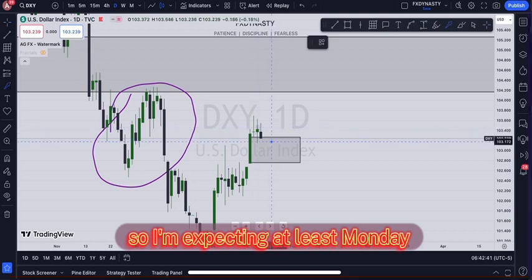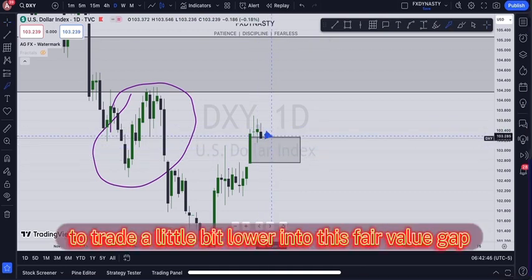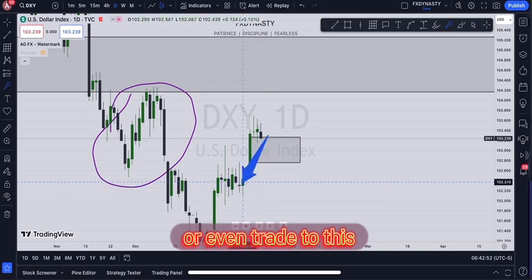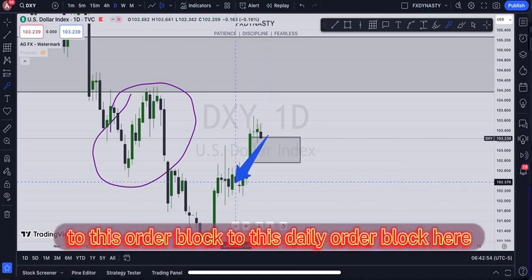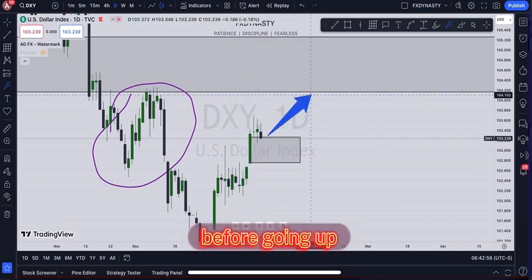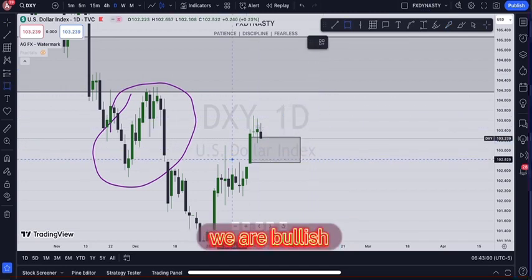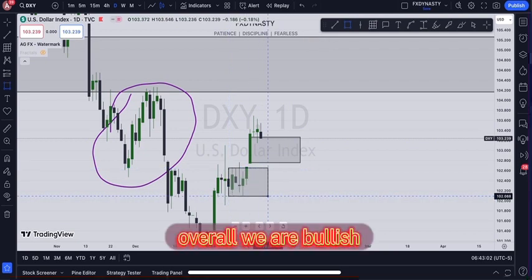So I'm expecting at least Monday to trade a little bit lower into this fair value gap, or even trade to this daily order block here before going up. But overall, we are bullish.